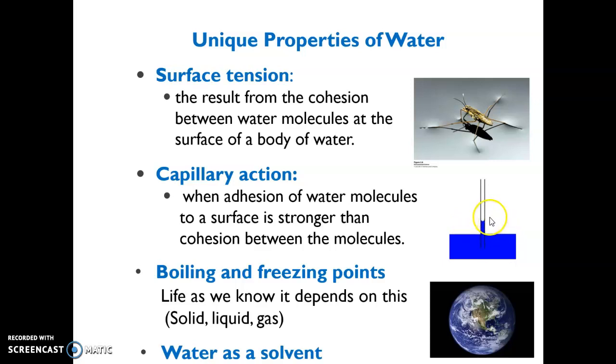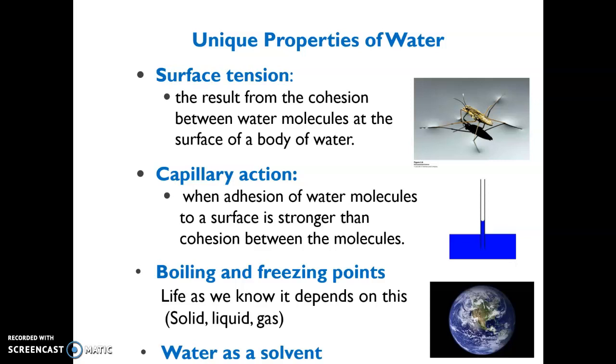And you'll also notice that there's a meniscus, a little curve, a little dip here. And that's because the attraction of the water molecules to the plastic or glass, to that smooth surface, is stronger than to one another, so it sort of creeps up the sides there and you get that meniscus.